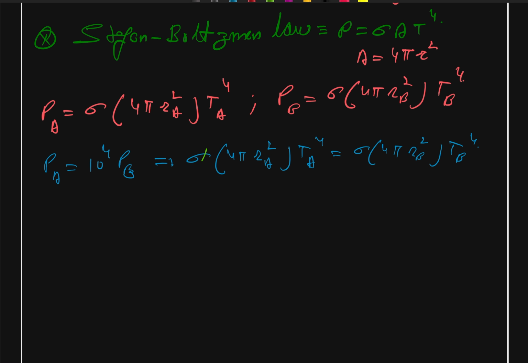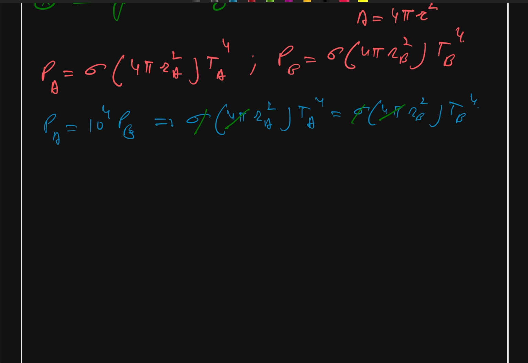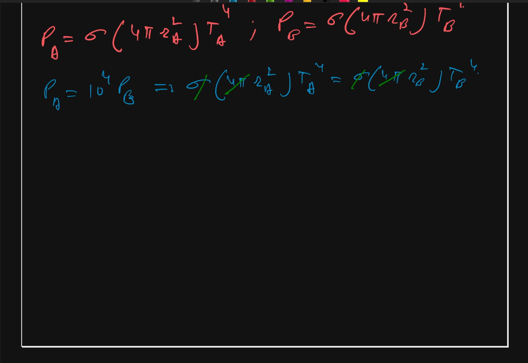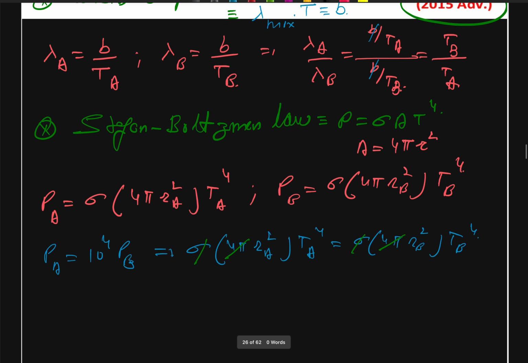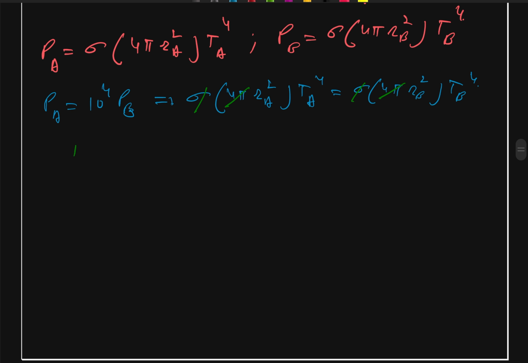So here the constant 4 pi cancels out, and we get Ta upon Tb whole raised to power 4 will be equal to radius of B upon radius of A whole squared, and this is given to us as 400.